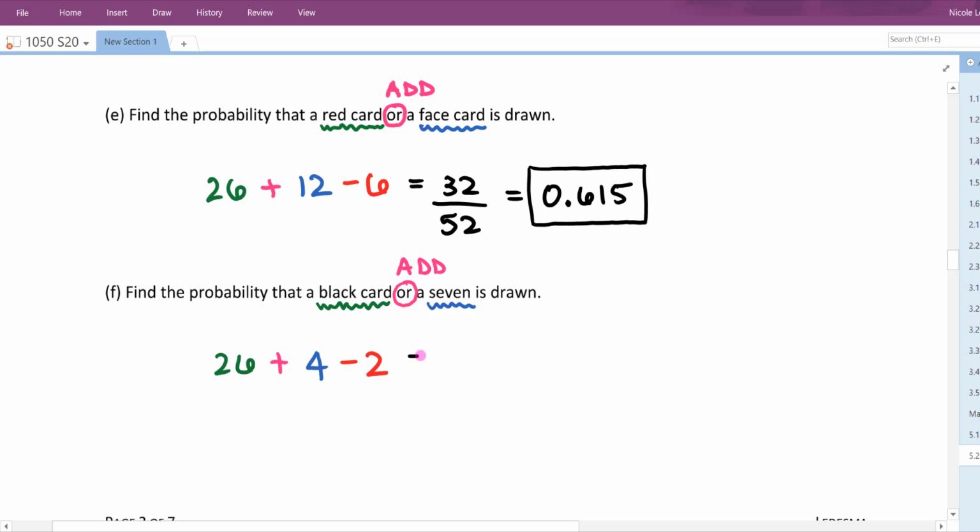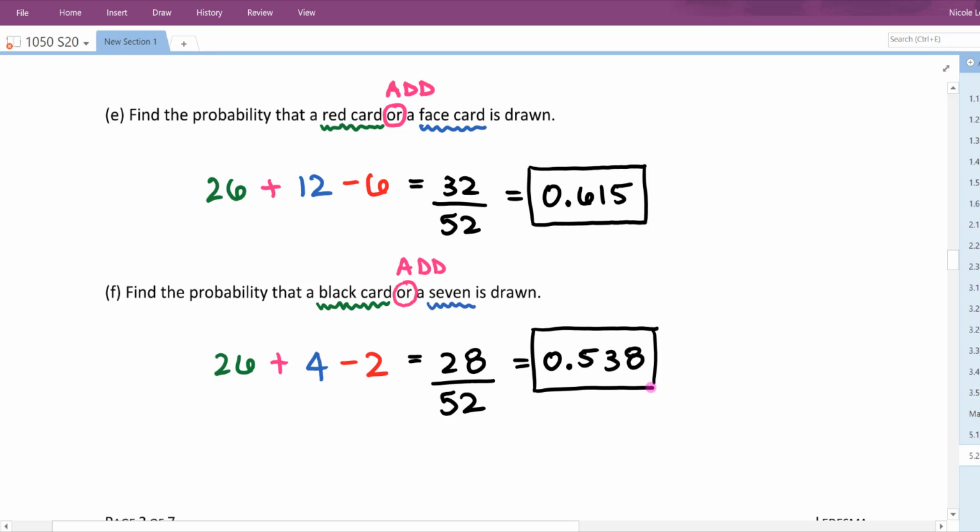Okay, and then adding and subtracting all of this, we get 28, which we have to divide by our total of 52. And then let me just give you the decimal answer for this. So if you were to type this into the calculator, you would end up getting 0.538 as your decimal answer, rounded to 3 decimal places.